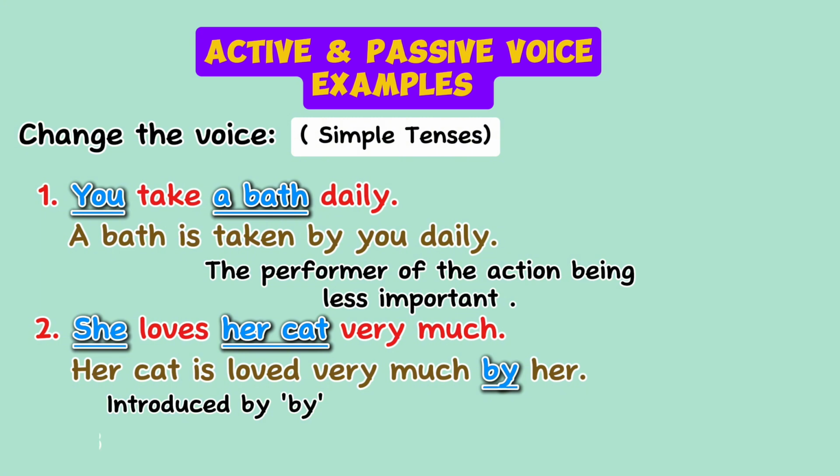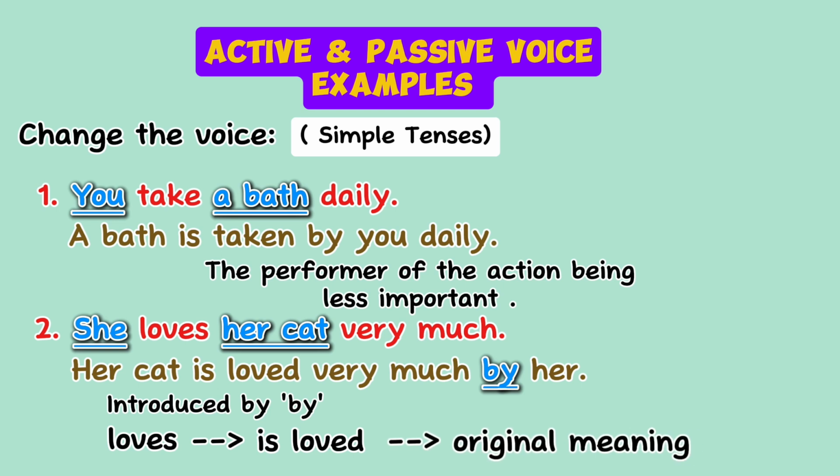The verb loves is transformed into the passive form is loved, maintaining the sentence's original meaning but shifting the focus from the person performing the action to the recipient of the action, which is the cat. Thus, the passive sentence reads, "Her cat is loved very much by her."